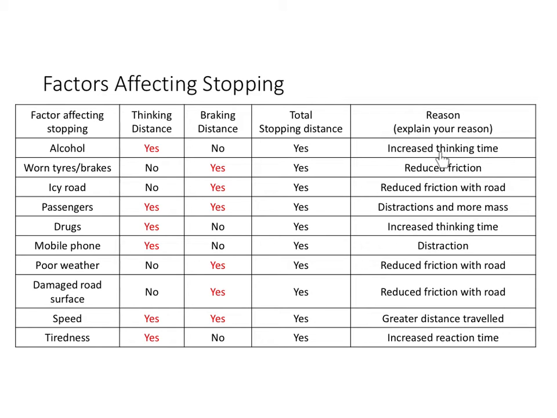You're saying that the time it takes you to react to a stimulus is being increased, so it's going to increase your thinking distance, and that increases your stopping distance. So you say it increases thinking time. Another one: passengers and distractions increase your thinking time. Drugs increase thinking time, therefore increasing total stopping distance.